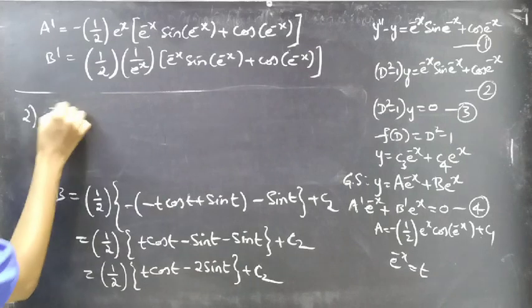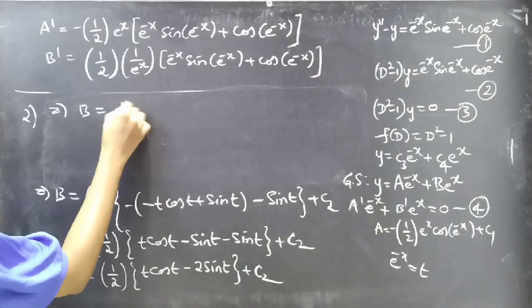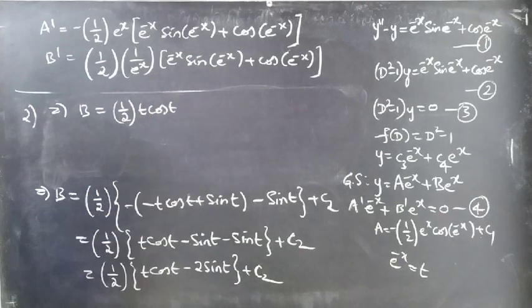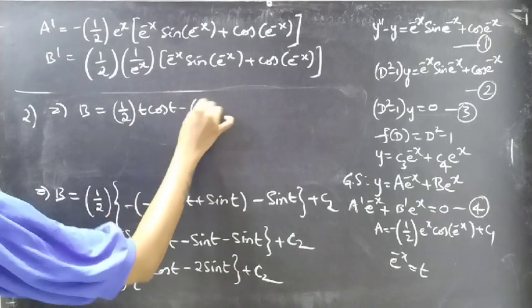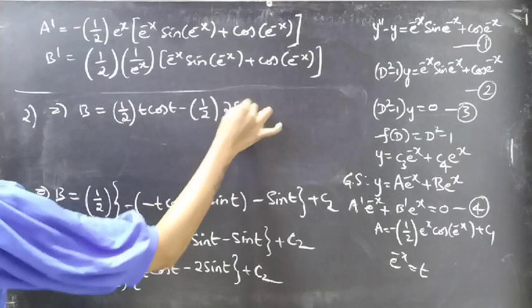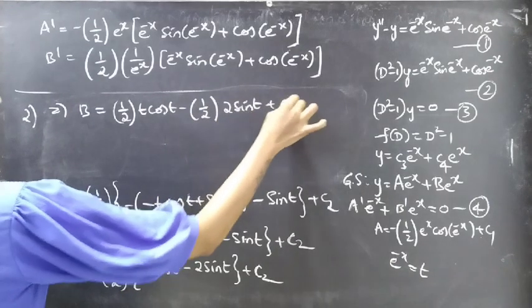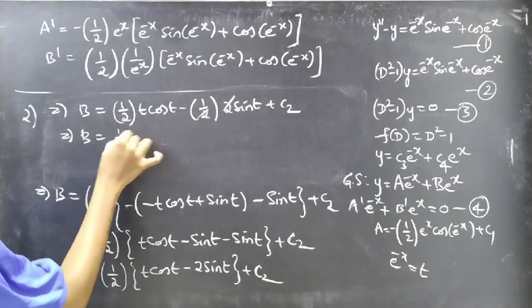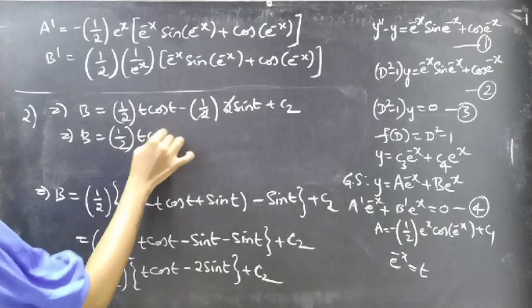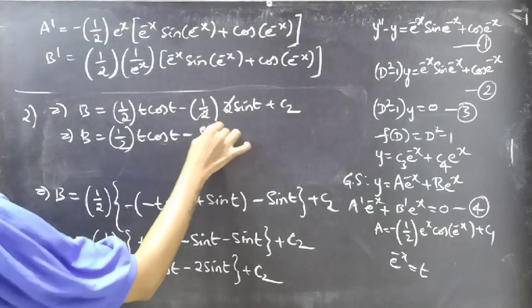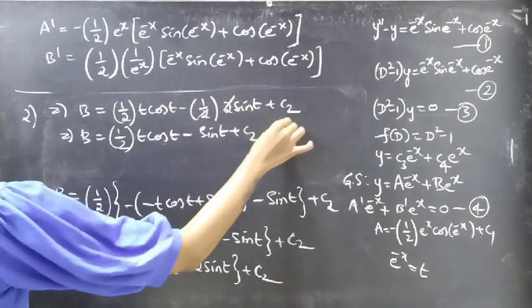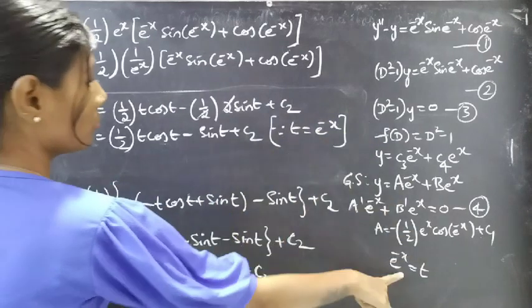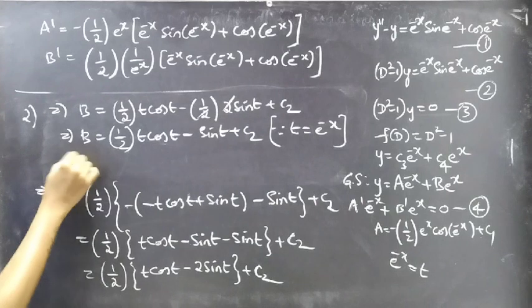This gives us b equal to 1 by 2 t cos t minus 1 by 2 into 2 sin t plus c2. Here 2 gets cancelled and you'll get b equal to 1 by 2 t cos t minus sin t plus c2. Since t equal to e power minus x, let's replace t.